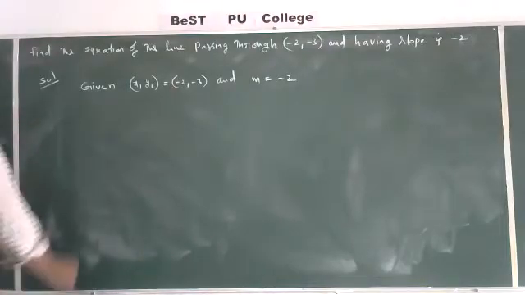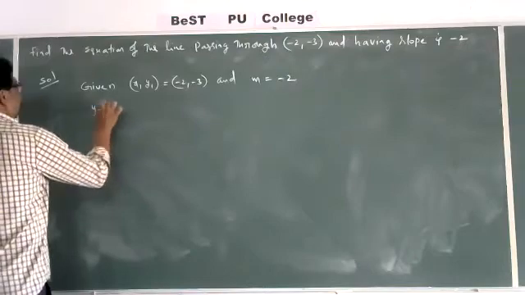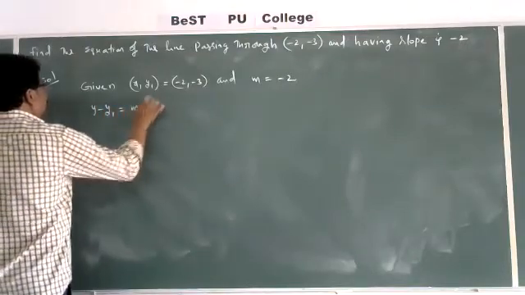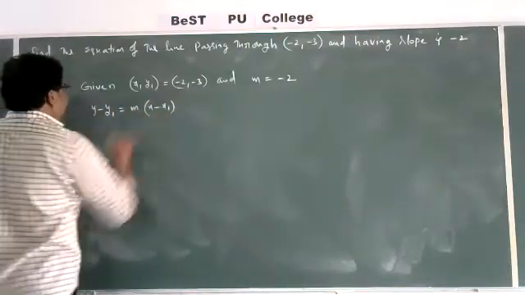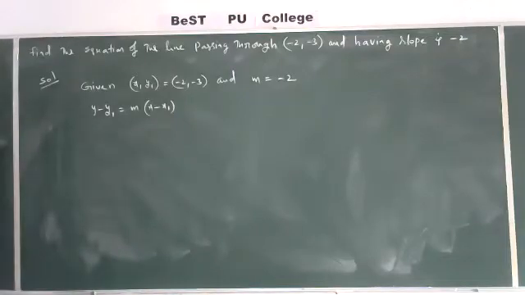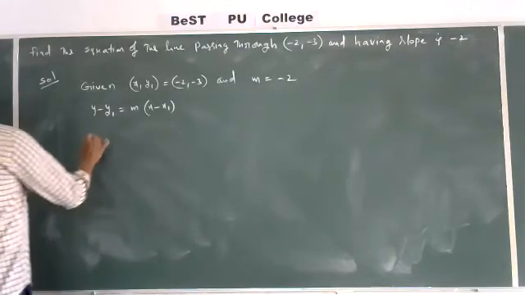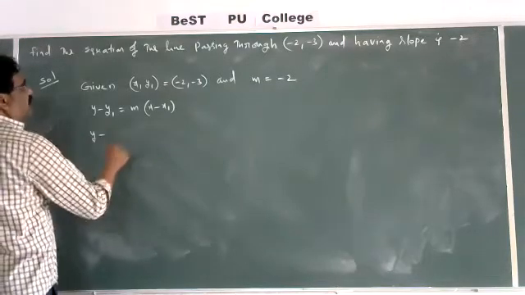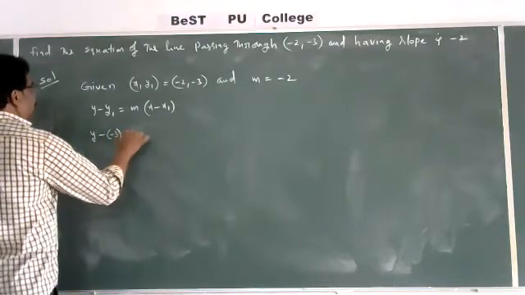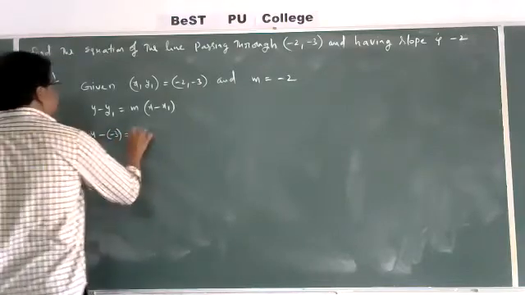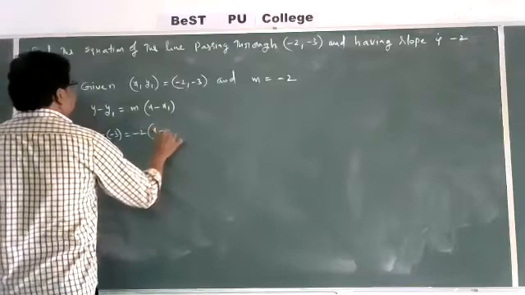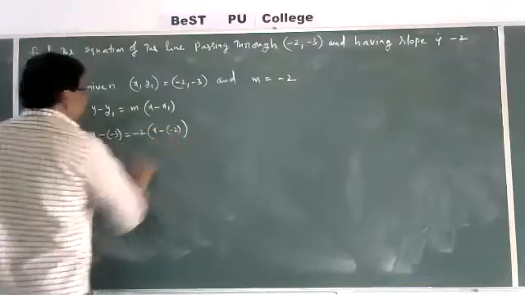Then write the formula: y minus y1 is equal to m into (x minus x1). Here y minus y1 is y minus (minus 3), equal to m, which is minus 2, into x minus x1, which is x minus (minus 2).